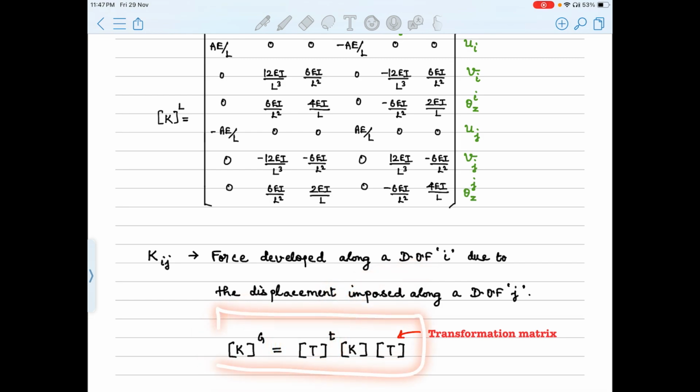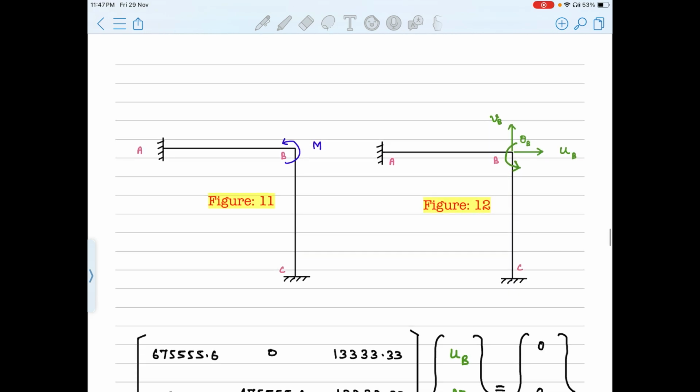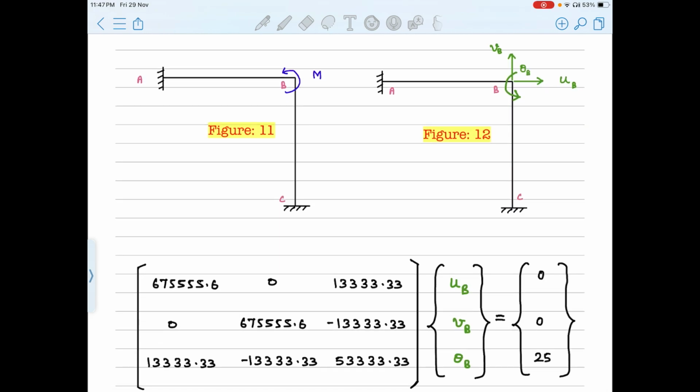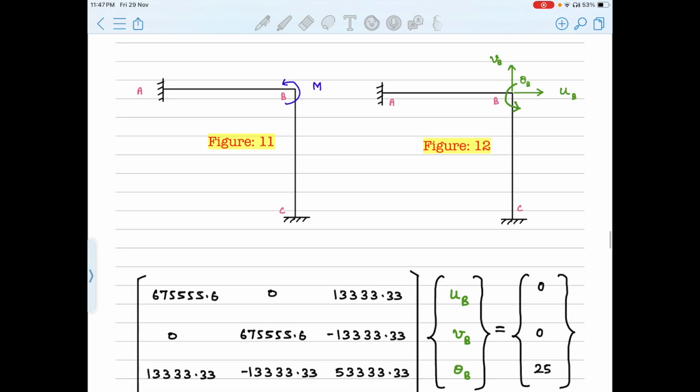Once we get the global stiffness matrix for each element, we assemble them to get the global stiffness matrix for the entire structure, from which we get a reduced stiffness matrix which pertains to only the active degrees of freedom, and we solve for them. Now I know it is all vague, but later we will understand this when we discuss the stiffness method.